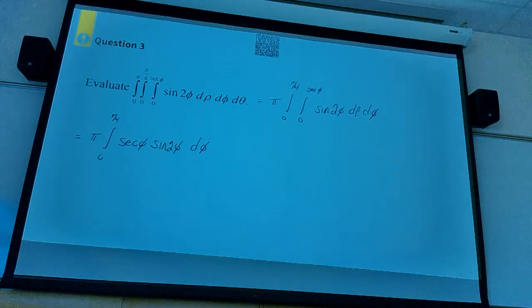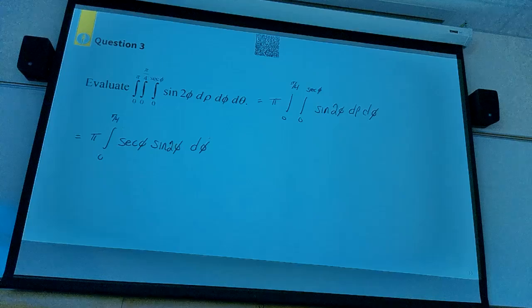Once you see it, this is actually a really, really easy integral. Do you change the sine of 2 phi to what? To sine phi cosine phi? Mm-hmm. 2 phi is a double angle, isn't it?